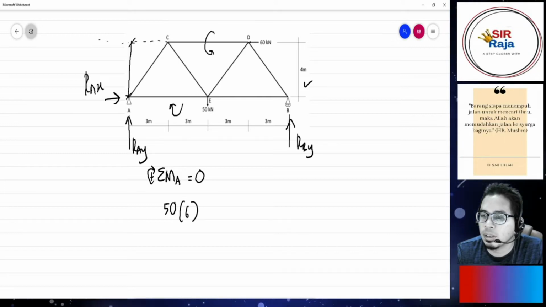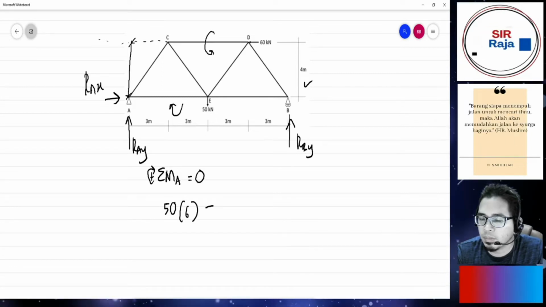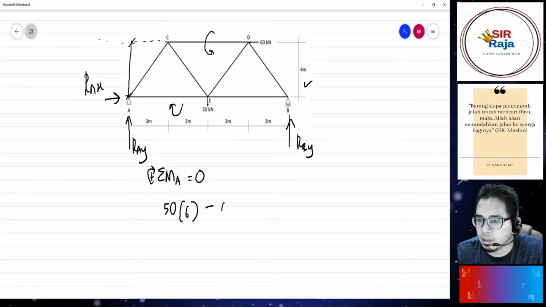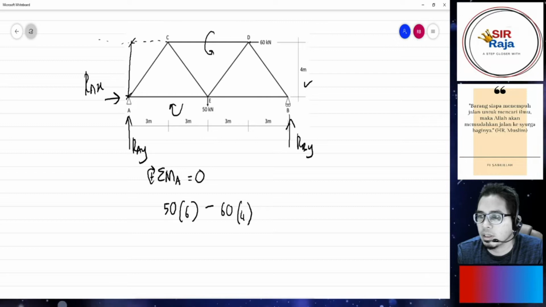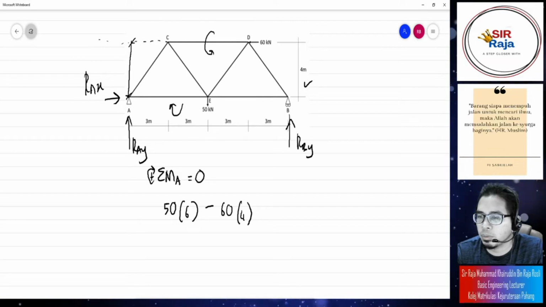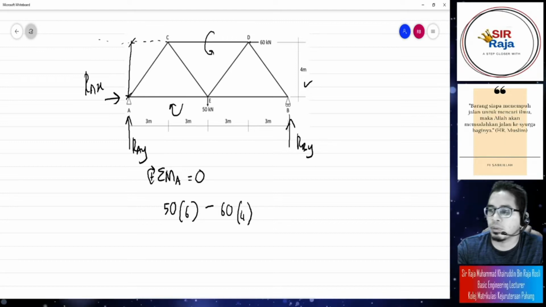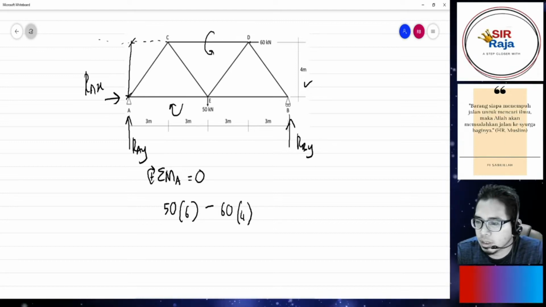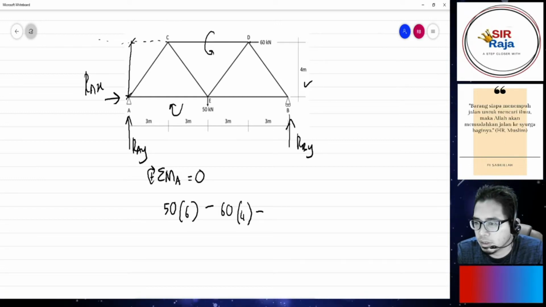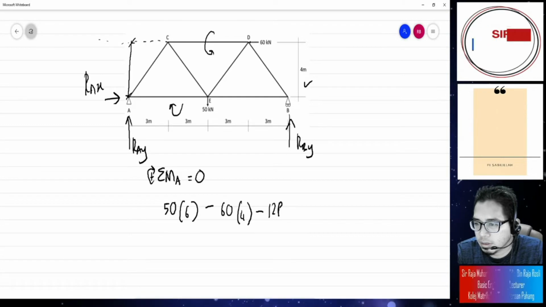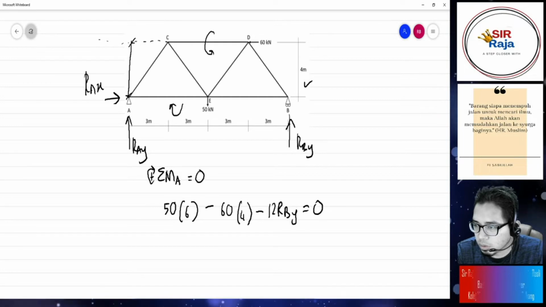So this one goes in this direction, then it will be counterclockwise, so it's going to be minus 60, and the distance is times 4. And then our RBY, we don't have any other point load, so this is also minus 12 RBY, and this is equal to 0.